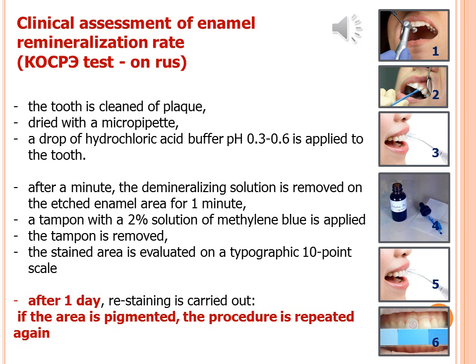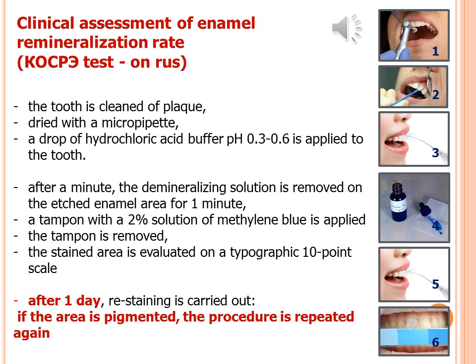To do this test, the tooth is cleaned of plaque, dried with air, and a drop of hydrochloric acid buffer with pH from 0.3 to 0.6 is applied to the tooth. After a minute, the demineralization solution is removed from the etched enamel area.